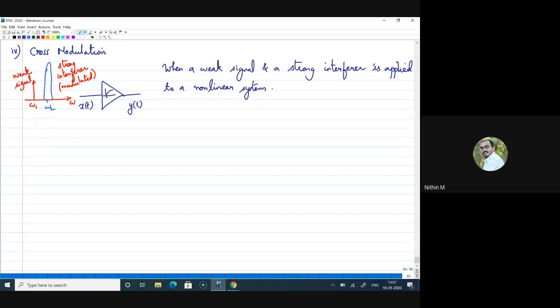Now if you observe the output, let me plot the output here.